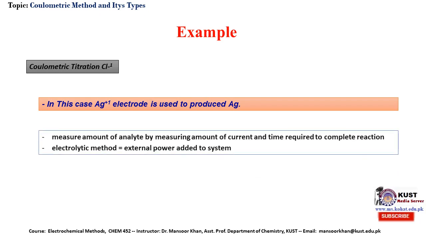So in this case, we measure the amount of analyte by measuring the amount of current and time required to complete the reaction. An external power supply is used to provide electricity because it is the basis of colorimetric titration.